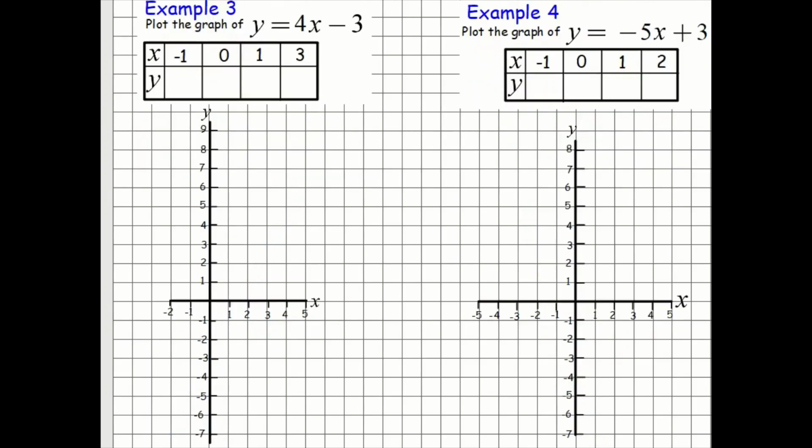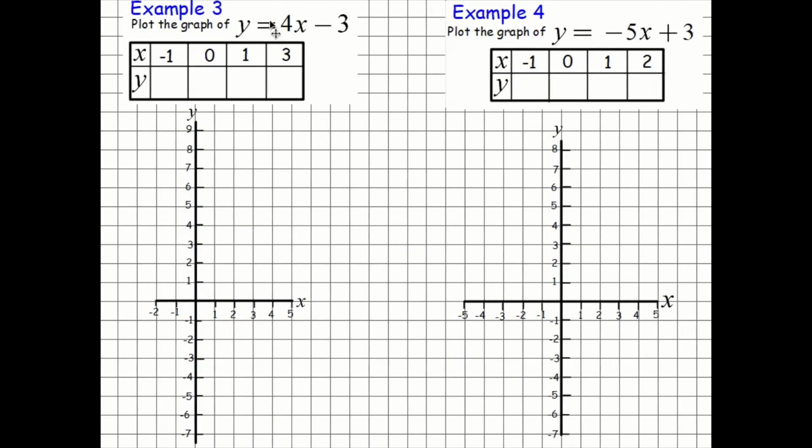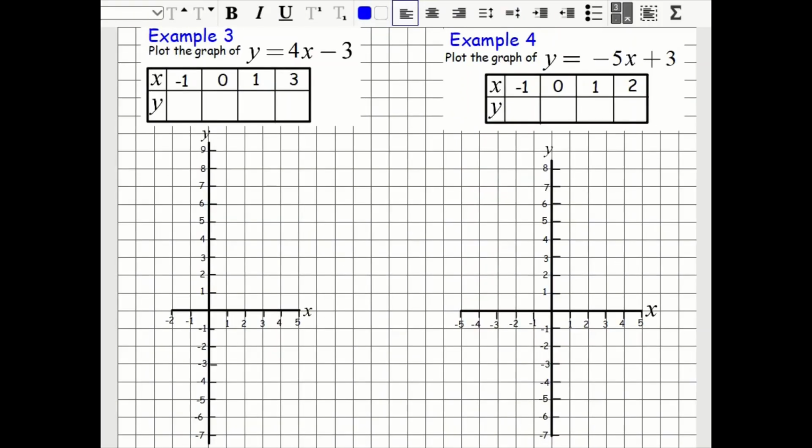Okay, 2 more examples. Plot the graph of y equals 4x minus 3. So I'm going to do 4 multiplied by minus 1, which is going to give me minus 4. And then I've got to minus another 3. So what's minus 4 minus another 3?